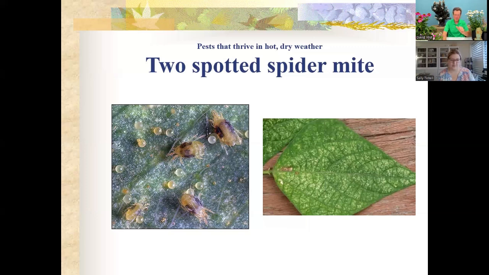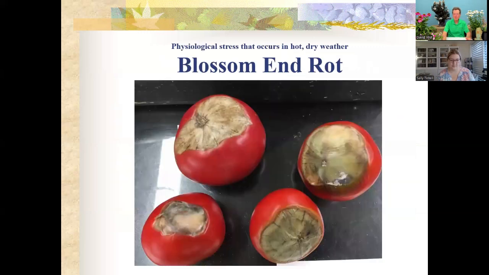So as we go in summer, the weeds pick up, the mites pick up. This is a physiological stress. A lot of people know blossom end rot. As fruit is developing, and I'm talking about tomatoes, cucumbers, peppers, squash, they have to have a steady, consistent supply of calcium in that plant.